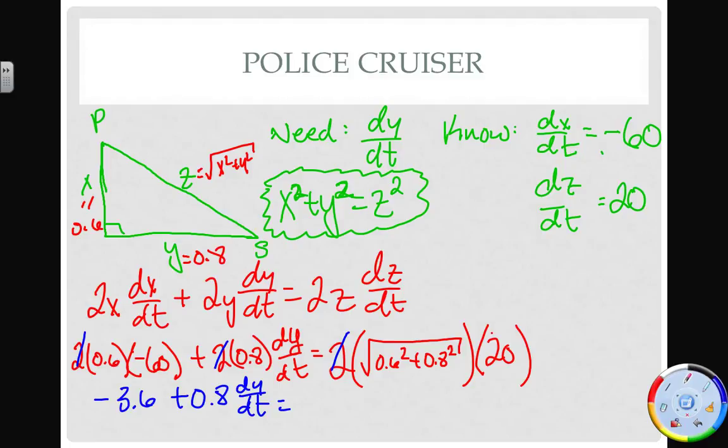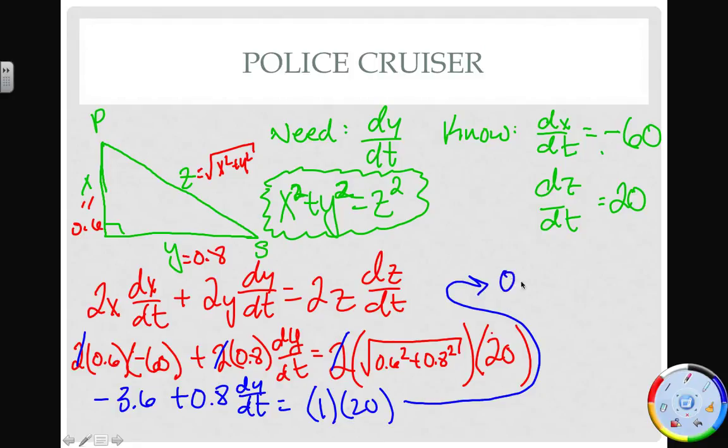That's just too easy. Man, makes our life easier here. So this is 1 times 20, and I'm going to say, okay, if I add 3.6, I get 0.8 dy/dt equals 20 plus 3.6, so 23.6.